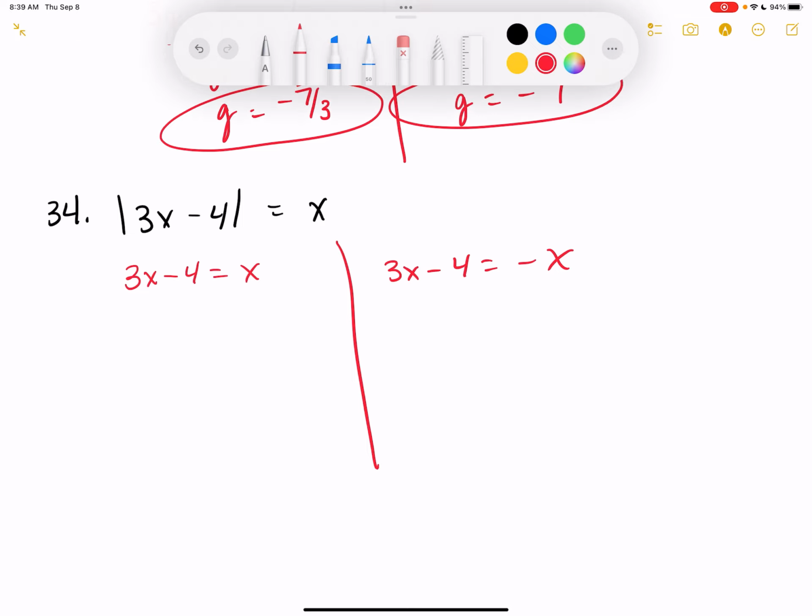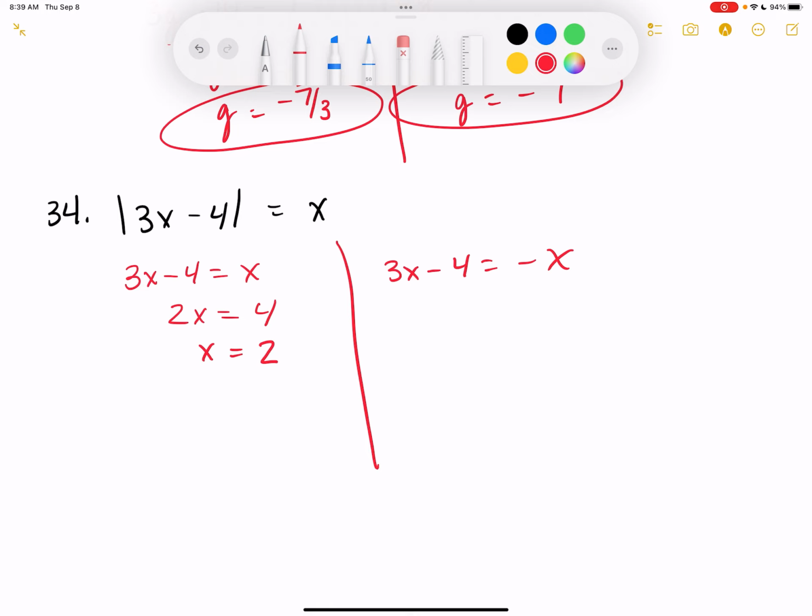Then, to solve this, I need x's on one side, numbers on the other side, so I'm going to move this x to the left and move the 4 over just to try to get positive numbers. So that's going to be 2x is equal to 4. So that one I have x is equal to 2.